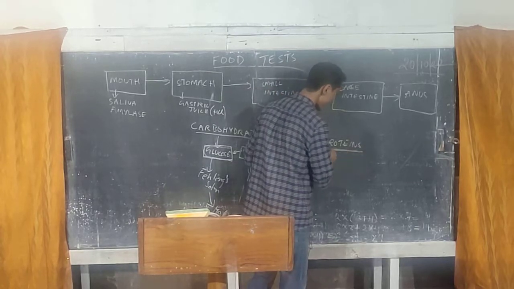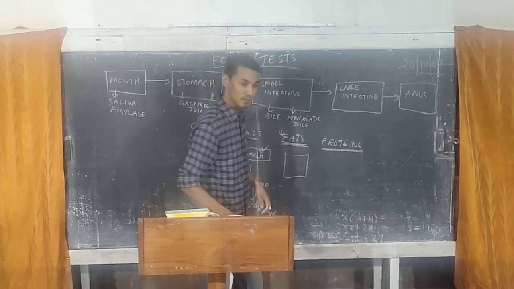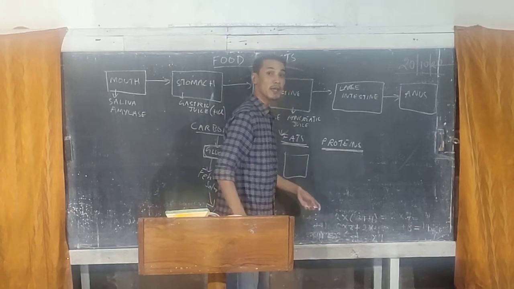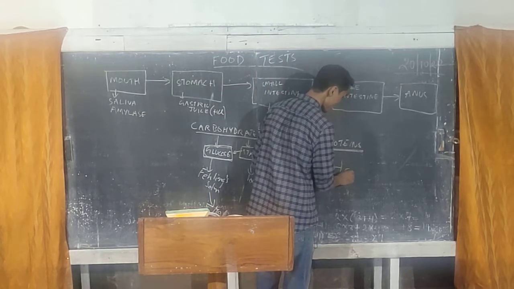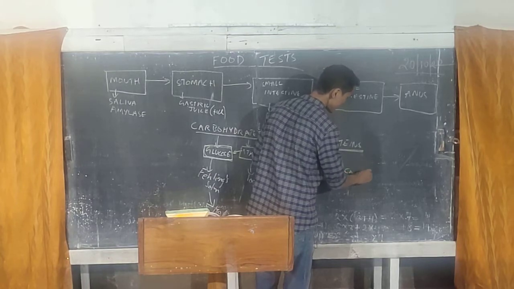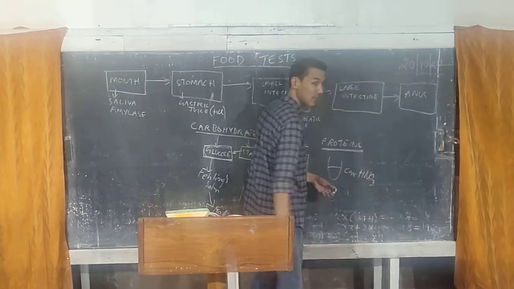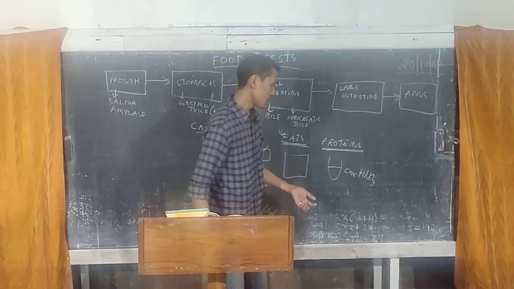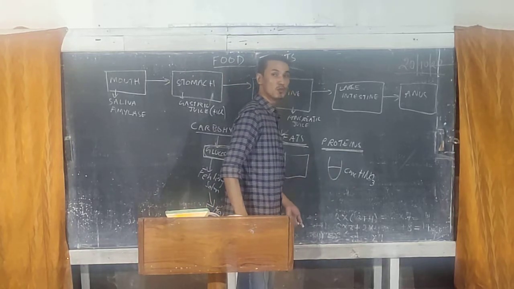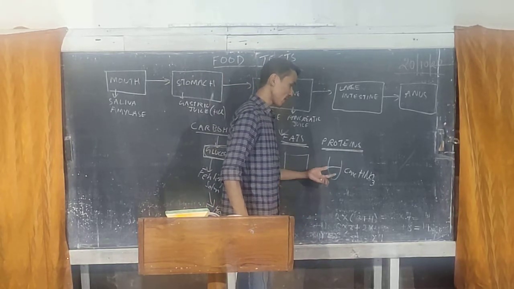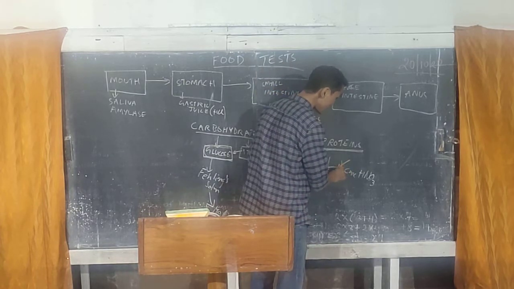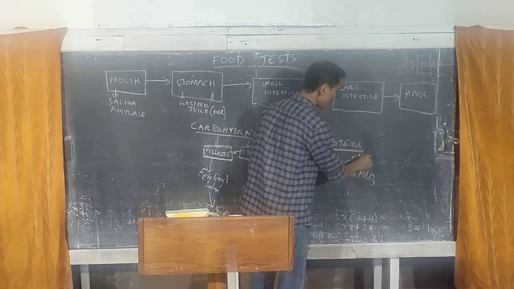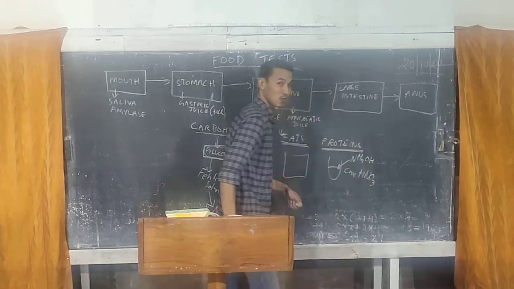For proteins, it's also quite simple. Take a hard-boiled egg, put it in a test tube, add concentrated nitric acid. Be very careful when you are using concentrated nitric acid. Then we are going to boil the mixture. After boiling it, we are going to allow it to cool and then add ammonium hydroxide.